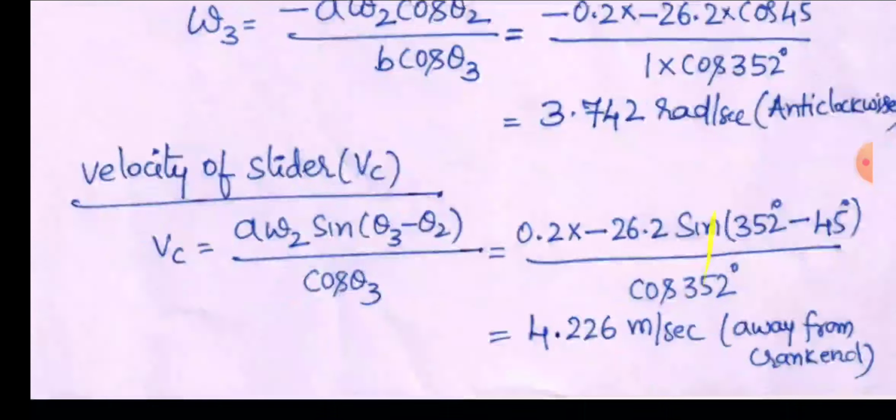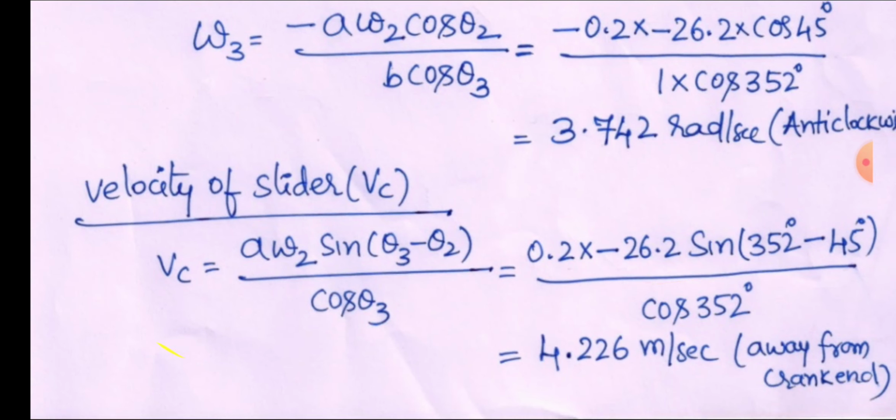After that, the velocity of the slider. Our notation is Vc, which is equal to the formula A omega 2 into sine of theta 3 minus theta 2 by cos theta 3. A is known, 0.2, omega 2 is minus 26.2 into sine of theta 3, which is 352, minus theta 2, which is 45, divided by cos theta 3, that is cos 352. After substituting and simplifying, I am going to get 4.226, and the unit is meters per second because it is a velocity.